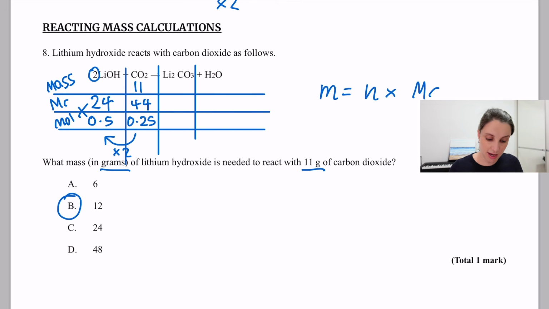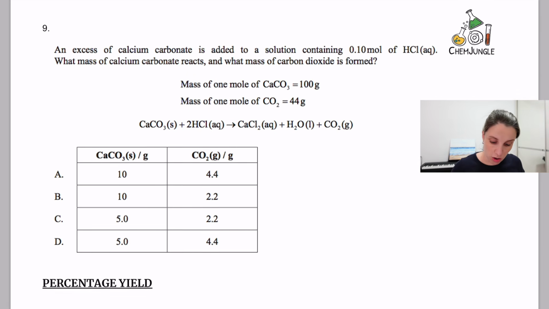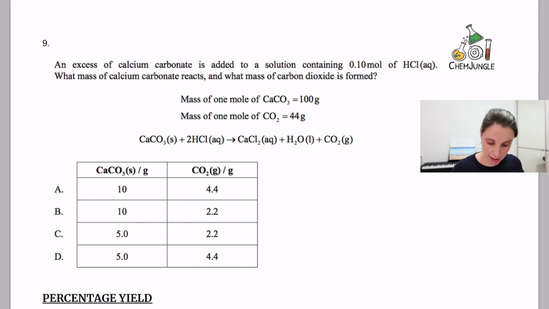So in every single case, we're working out the moles of the other thing, and then trying to work out the mass again. So let's look at a different question on reacting mass calculations before we try something else. Here it says an excess of calcium carbonate is added to a solution containing 0.10 moles of HCl.